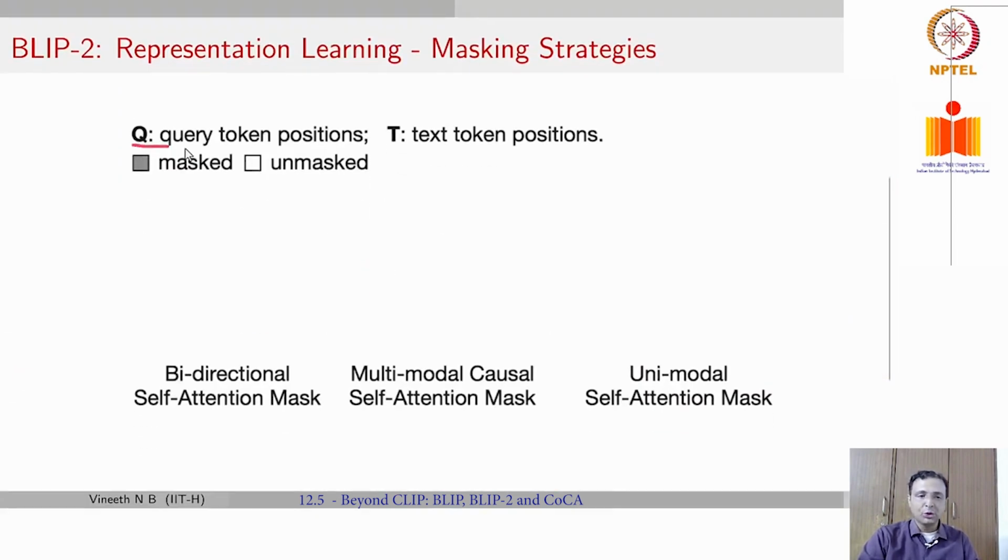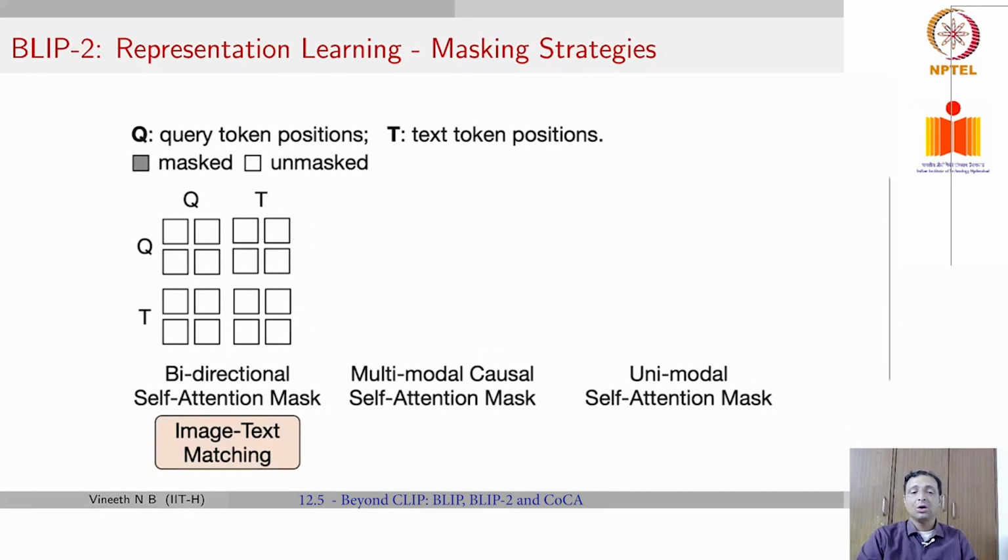So given Q query tokens and T text tokens, the shaded blocks are masked and the unshaded ones are unmasked. In the bidirectional self attention mask, which is used for image text matching, they allow the query tokens and the text tokens to completely be matched with each other both ways. We ideally want to do image text matching, so we'd like to match the query tokens with the text.